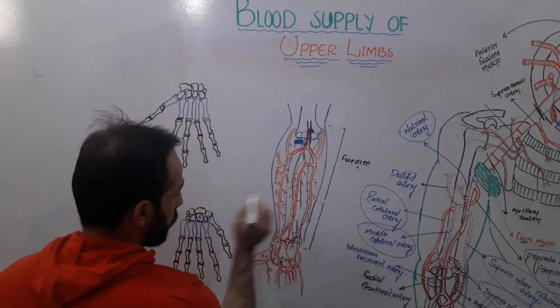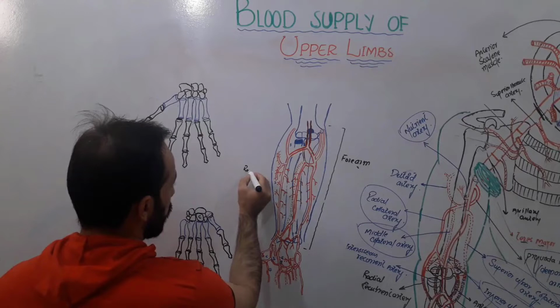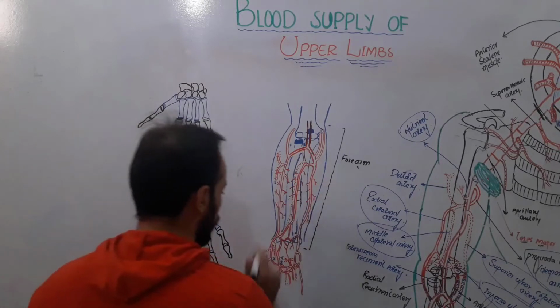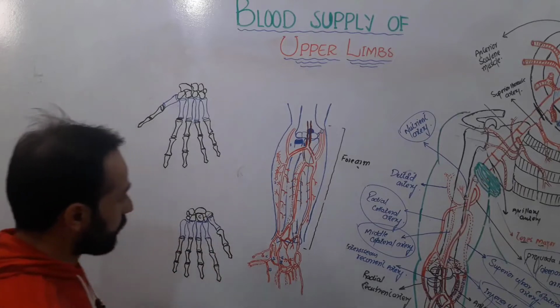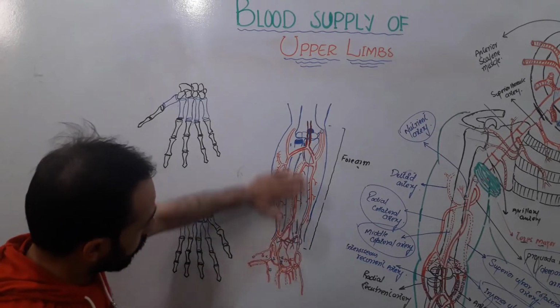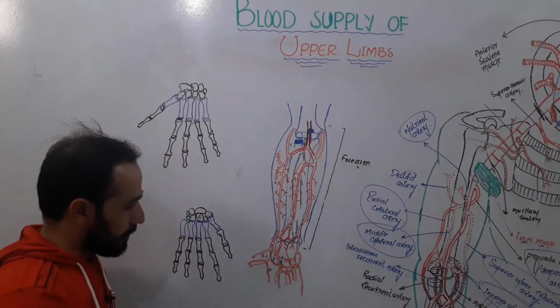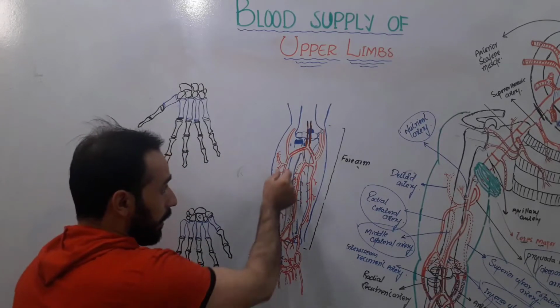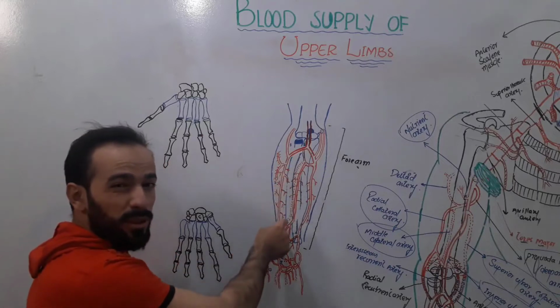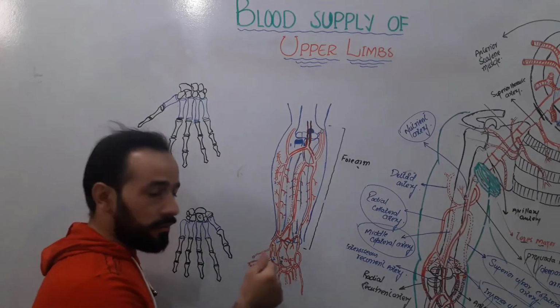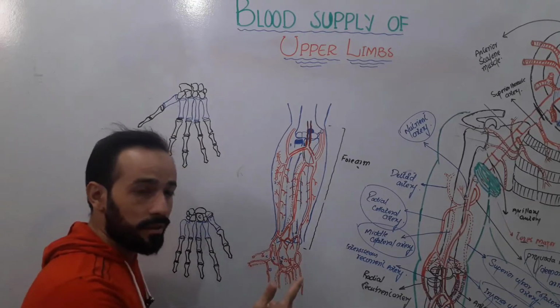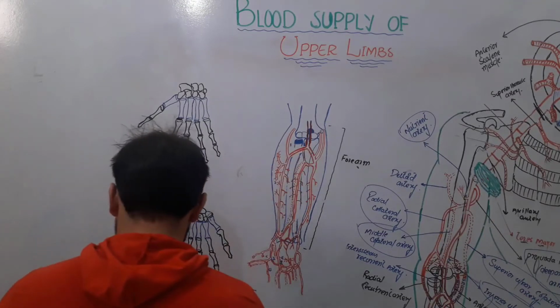Here, this is the radius bone, this is the radial side, and that is the ulnar side. This is the lateral side, and that is the medial side. Friends, I have shown the branches, and as you can see, it's a little complicated, but don't worry. As we move forward, I will name each branch, and you will easily find and mention all those branches, and easily learn all of them. So let's start our lecture.